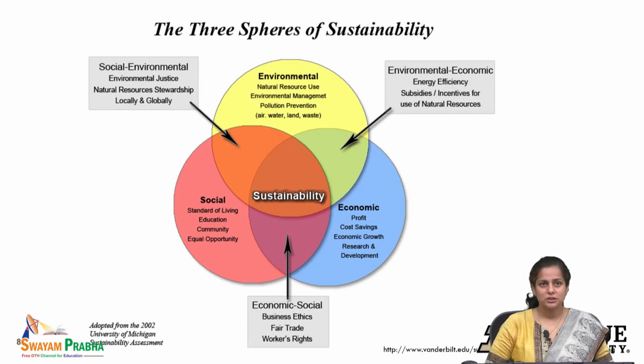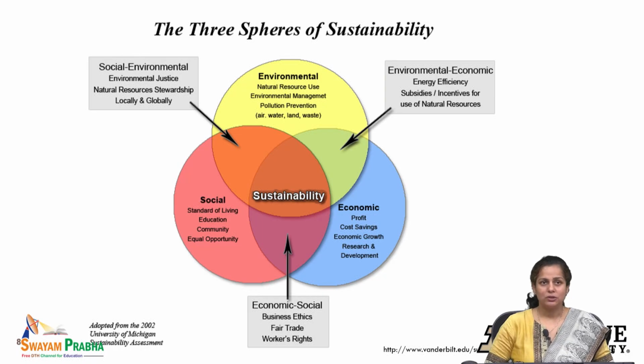The third one is the social, and in social we mostly focus on standard of living, education, community, peace, stability, and equal opportunity. When we think about the interaction of environmental and economic, we talk about energy efficiency, which is at the core of what we do as engineers when we design our systems, because we are thinking not only about the economic profitability of the system but also its environmental impact.